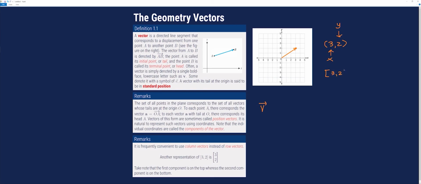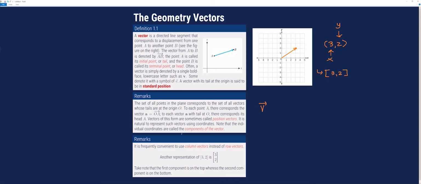Then we identify the first and the second component: [3, 2]. This is the vector represented by this ordered pair. We call this a position vector. Why? Because it tells us a position: the vector tells us a position relative to the origin.